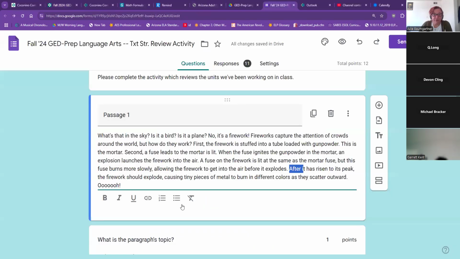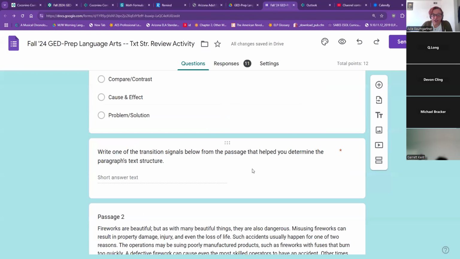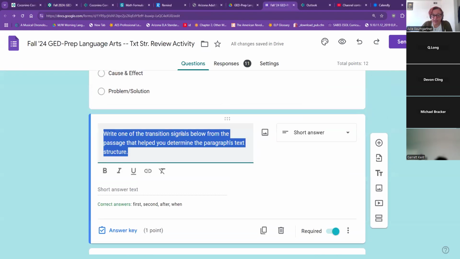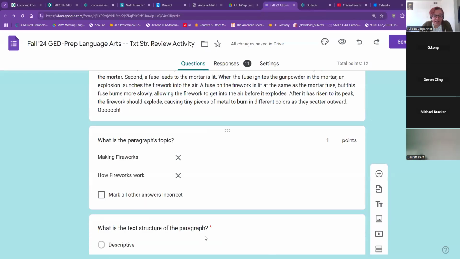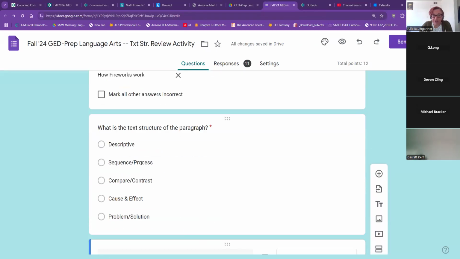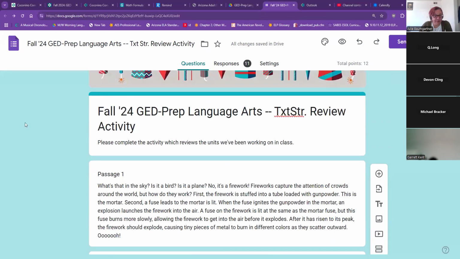Okay. And so then for the third question, right? The transition signals that help you, the ones that I see in this text, because I know it's a process or a sequence, I'm looking for those time order words, right? So first is always easy.